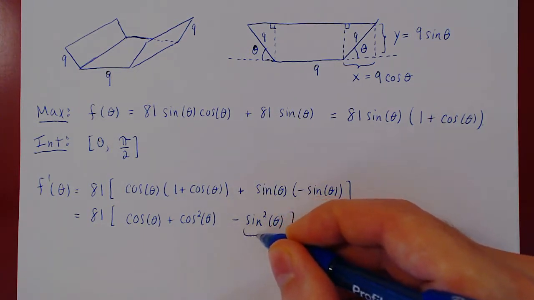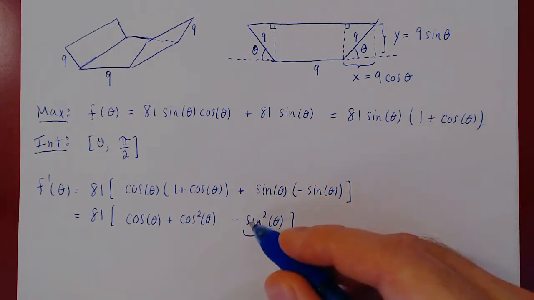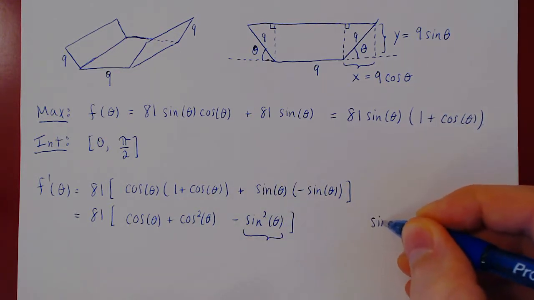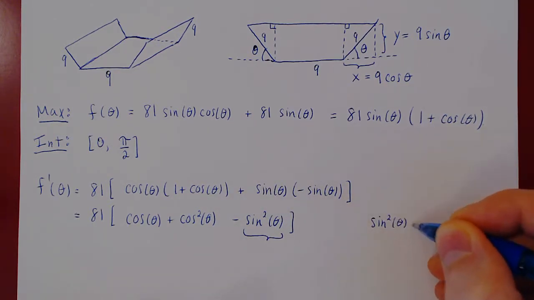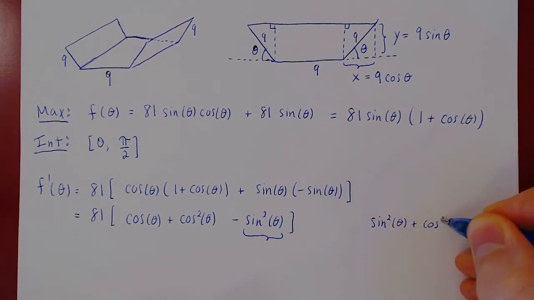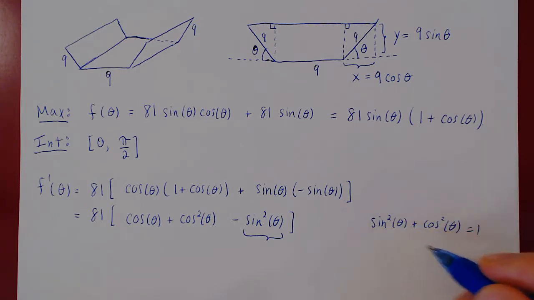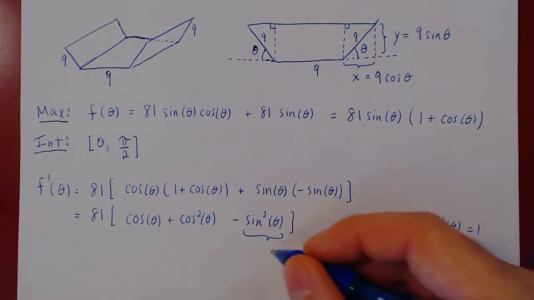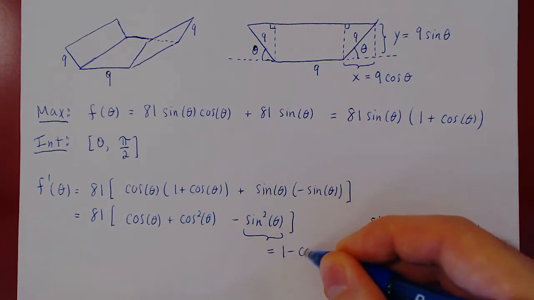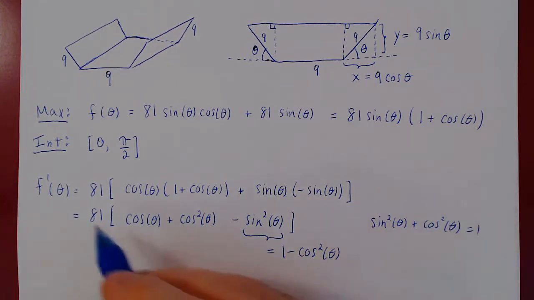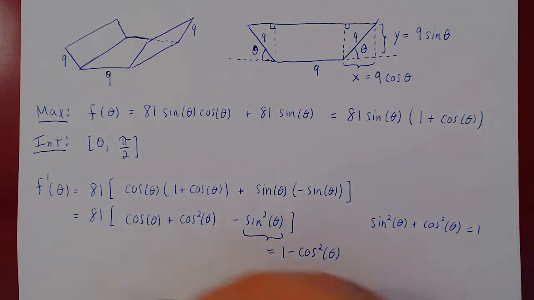But remember that sine squared plus cos squared of theta, right? So if you do Pythagoras' theorem, sine squared of theta plus cosine squared of theta is equal to 1. So you can isolate sine squared as 1 minus cos squared of theta. And so now you'll have your derivative as a function of cosine only.